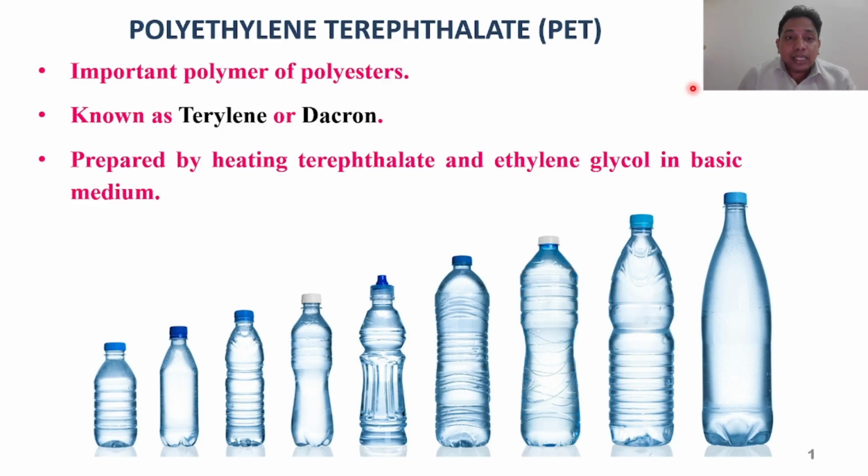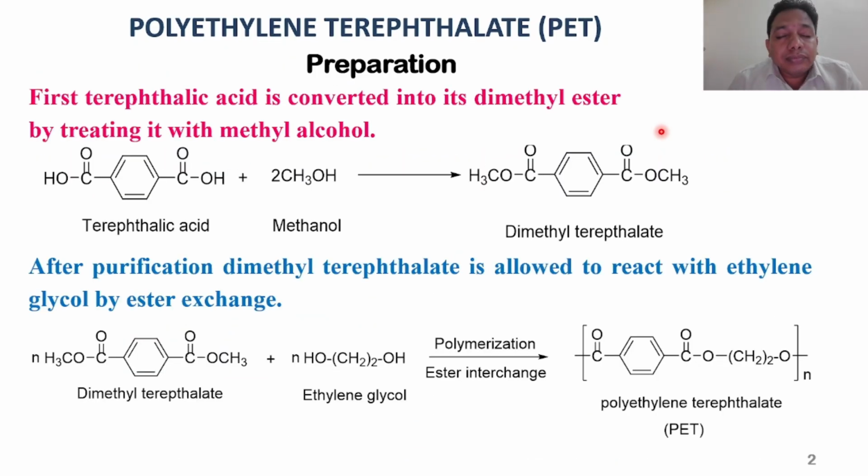Usually this polyethylene terephthalate is synthesized by condensation polymerization reaction between pure terephthalic acid and ethylene glycol, or else this terephthalic acid is converted into dimethyl terephthalate, which is allowed to react with the ethylene glycol in the basic medium.